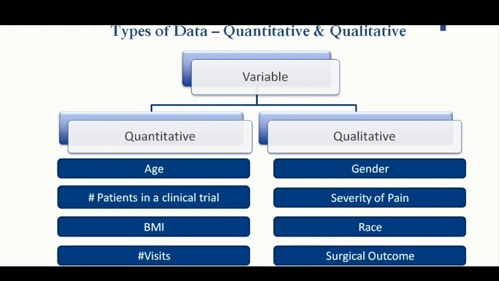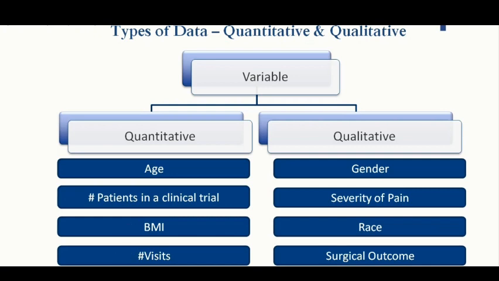Okay, some examples of quantitative and qualitative variables are like this. Qualitative, now here it has come on the right hand side, the attribute. So gender, severity of pain, race and surgical outcome, whereas the quantitative things are age, then number of patients in a clinical trial, then BMI and number of visits.